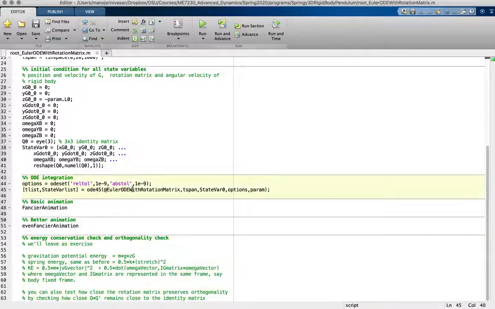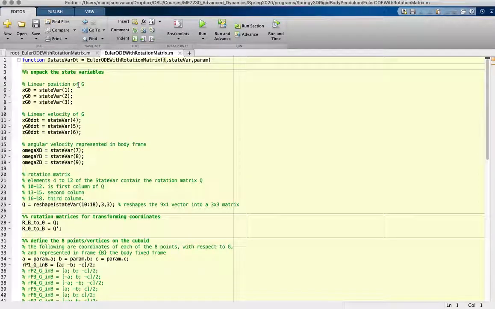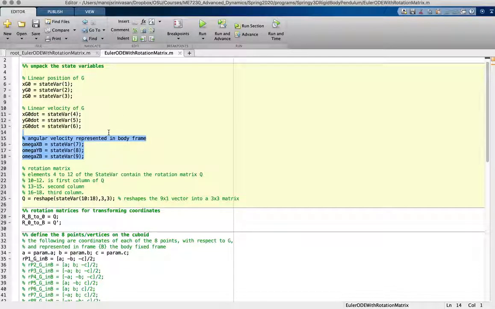Okay, let's briefly look at the ODE file. The ODE file looks like this. Usual stuff. We have time, state variables, some parameters. We unpack the state variables like so: linear position of g, linear velocity of g, angular velocity of the rigid body represented in the body frame.